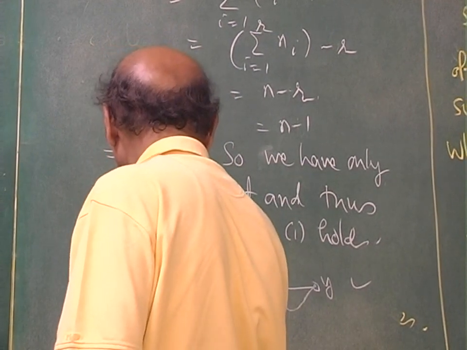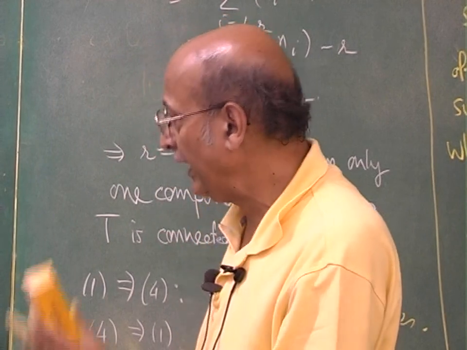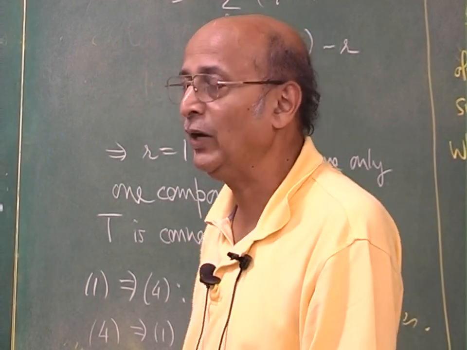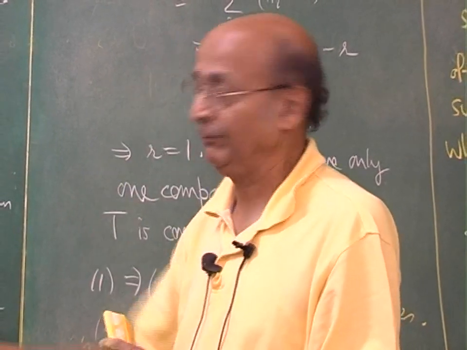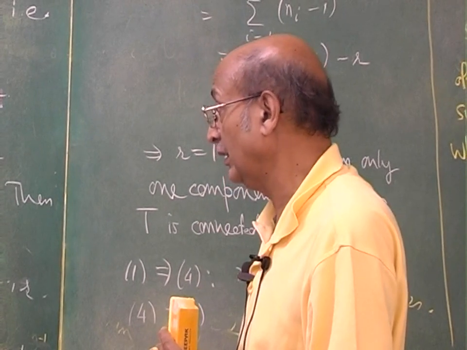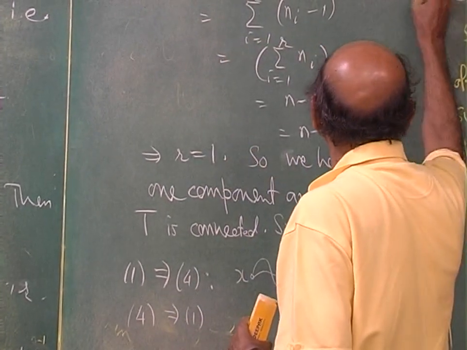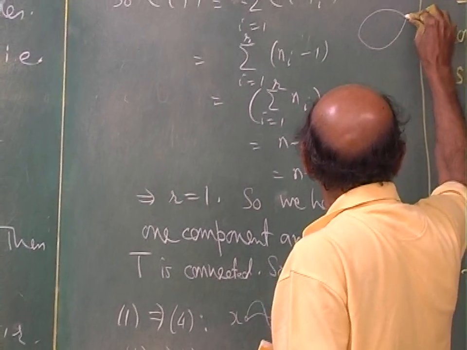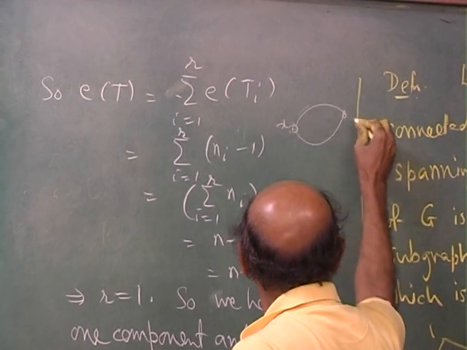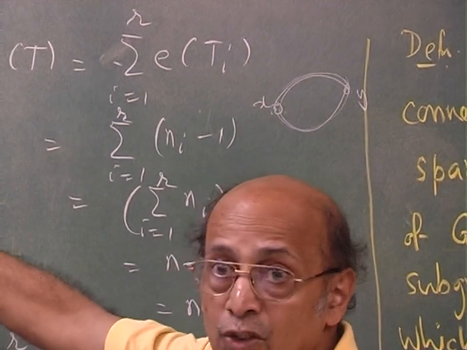What about 4 implies 1? Between any 2 vertices there is a path from x to y, therefore the graph is connected. That's the definition of connectedness. So clearly the graph is connected. If it did have a cycle, hypothetically, suppose there was a cycle, then I get two paths: one path going that way and one path going that way, which is a contradiction.